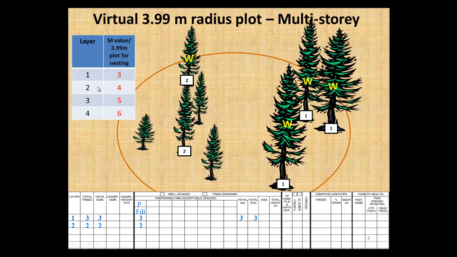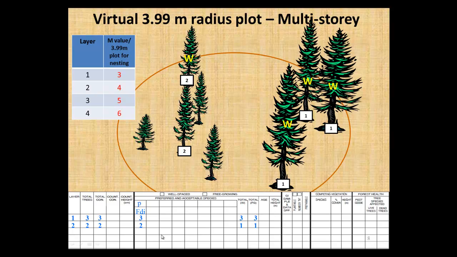Between layer 1 and layer 2, I can only have 4. So this is how the nesting comes: the M value is nested within the plots cumulatively as you work down. So I can only record 1 in this space. I got 2 over here, which is fine. This is our uncapped, well-spaced zone in here.